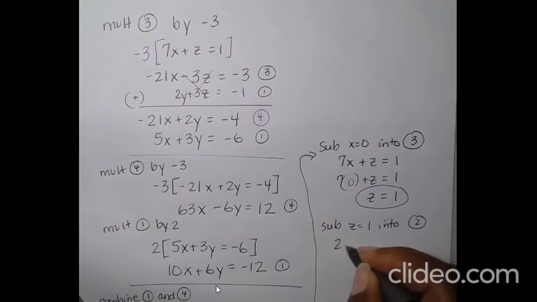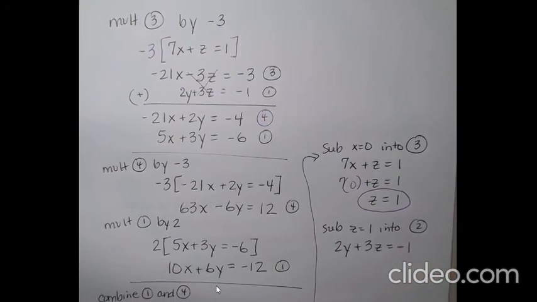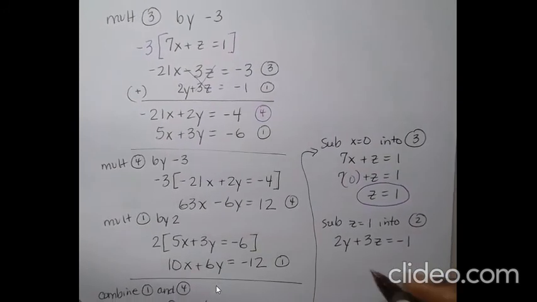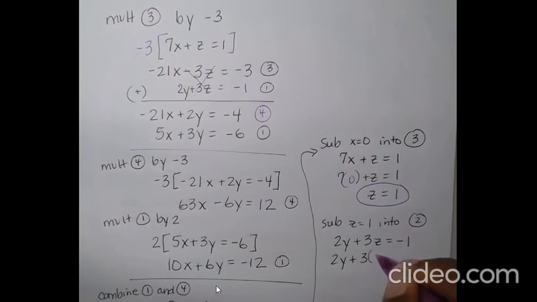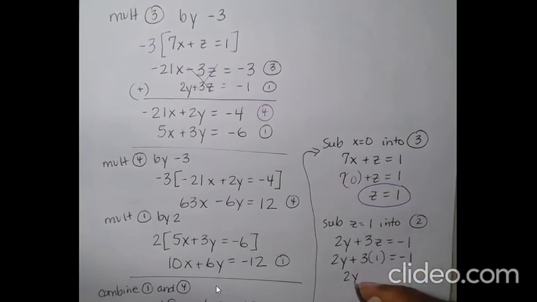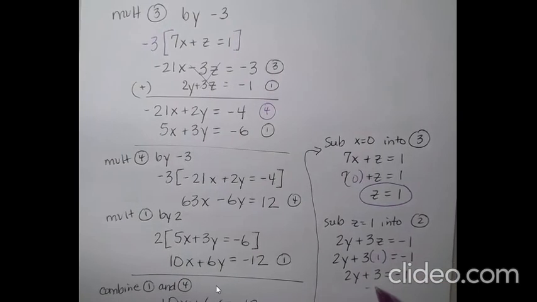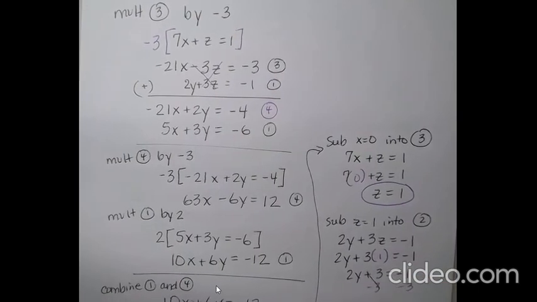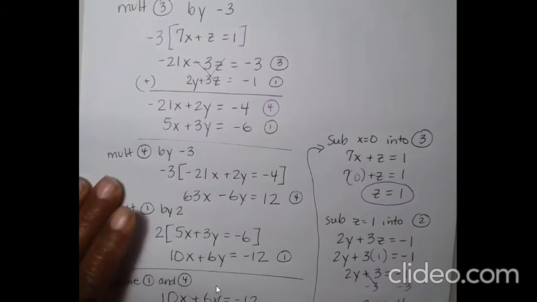So equation 2, 2y plus 3z equals negative 1. Well, we're putting z equals 1 in. So 2y plus 3 times 1 equals negative 1. 2y plus 3 equals negative 1. Subtract 3 from both sides. And we have 2y equals negative 4. So y equals negative 2.